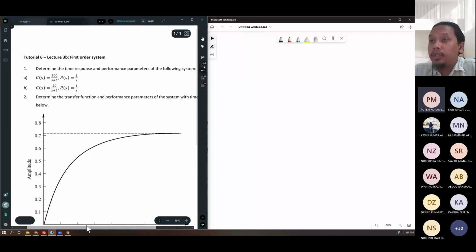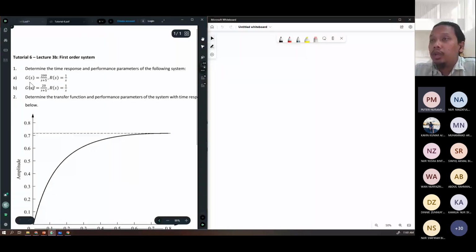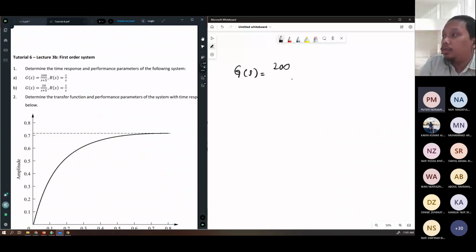G(s) equals 200 divided by s plus 5 with unit step input, R(s) equals 1 over s.